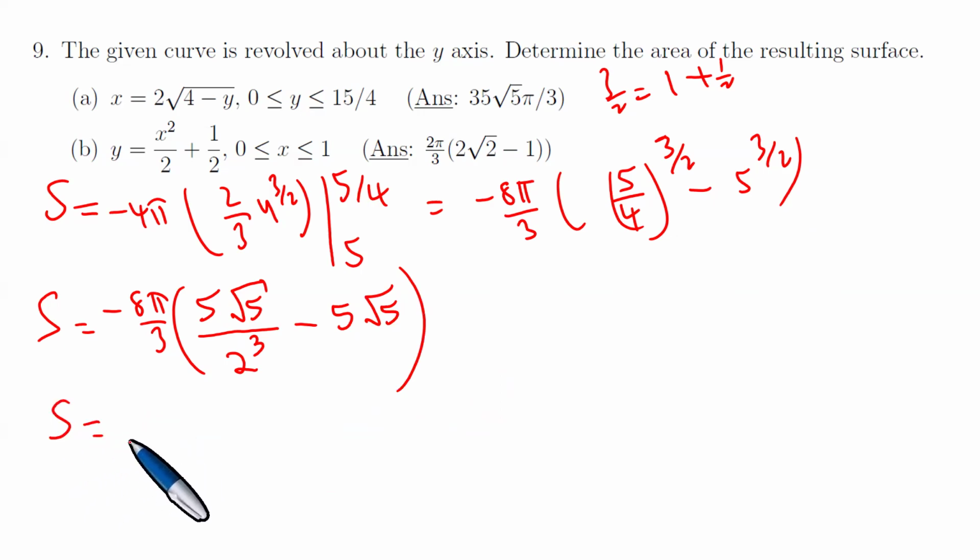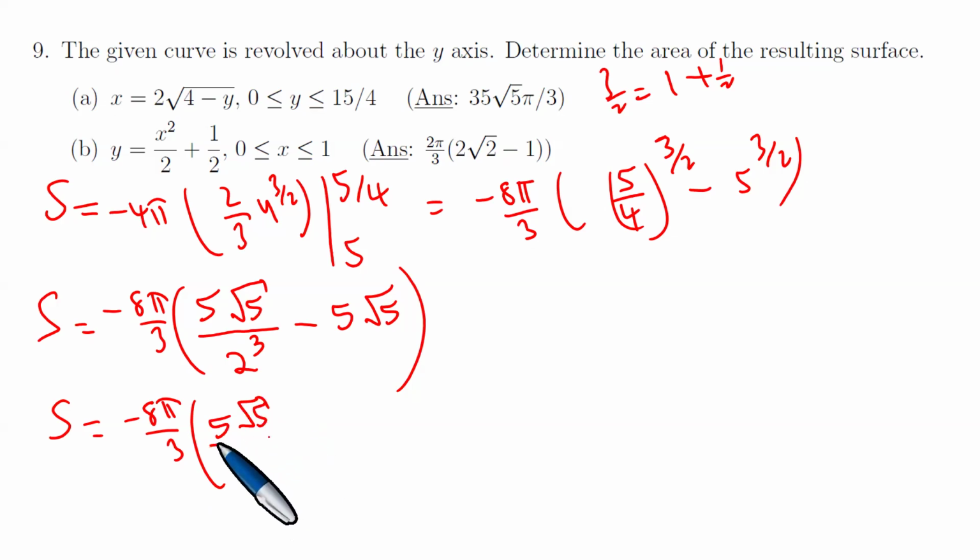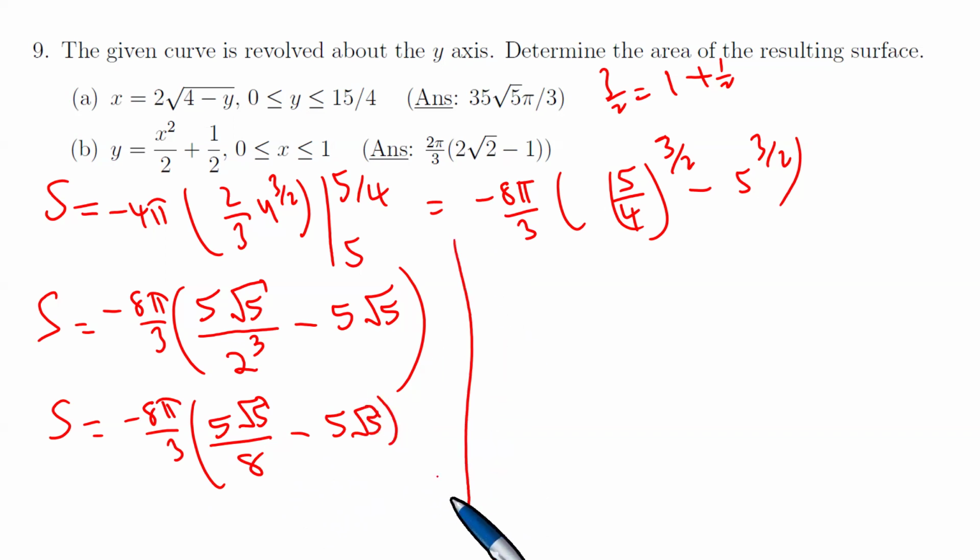So you have minus 8 pi out of 3, then you have 5 the square root of 5, divided by 8 minus 5 the square root of 5. Okay, that's what we're getting.